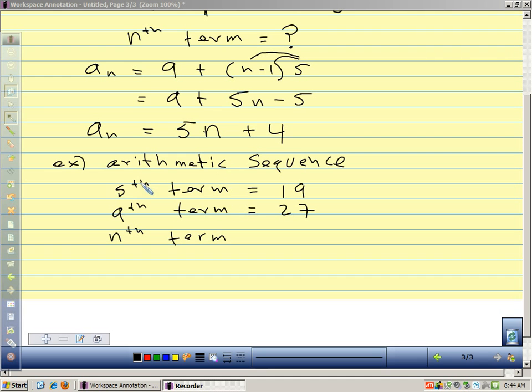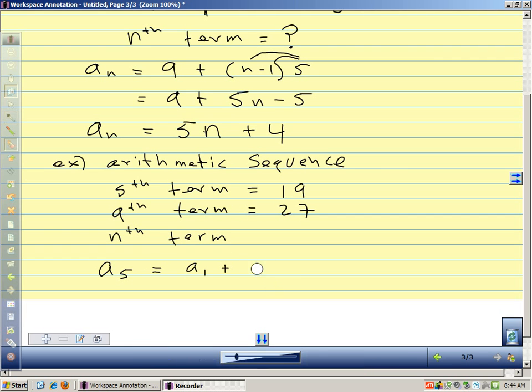So I'm going to use my nth term formula for both of these terms. I know that a sub 5, using my nth term formula, is a1 plus 5 minus 1 times d.